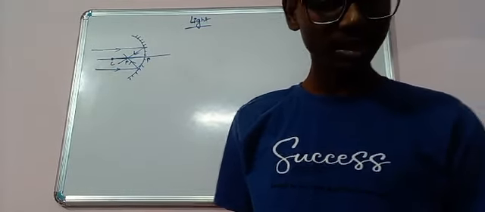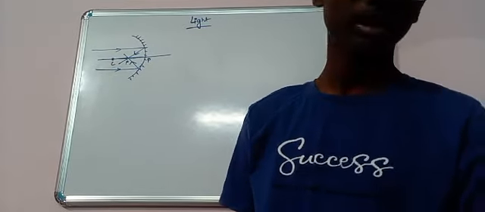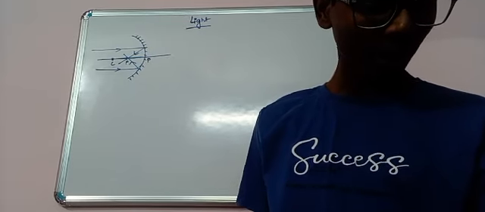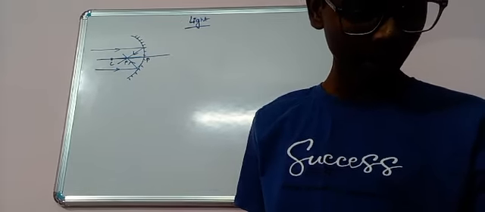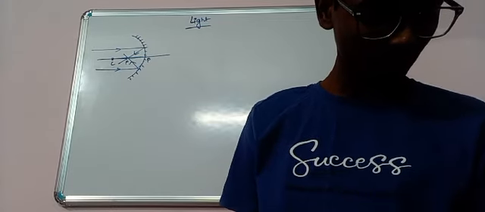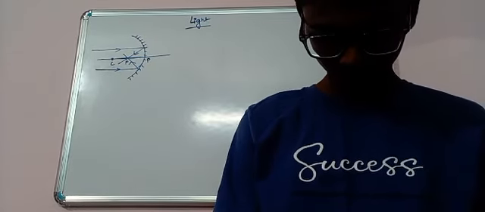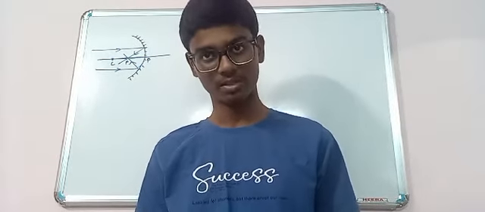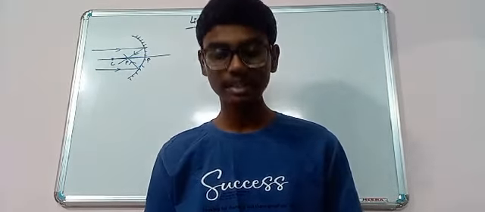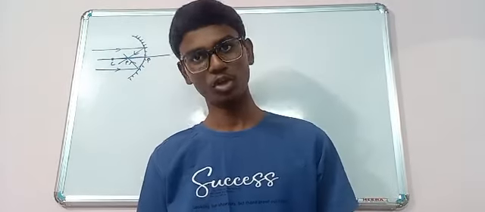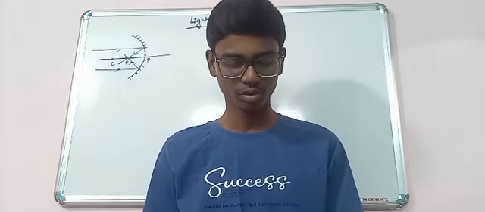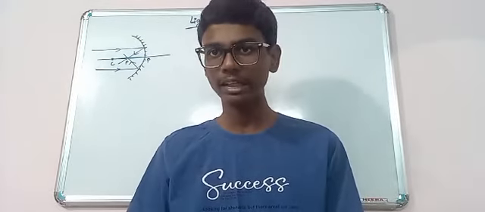So when the object is kept at infinity, the image is at the focus. It is real, it is inverted, and it is diminished to a point. Diminished to a point means the size is decreased to a point. It is inverted and it is real.